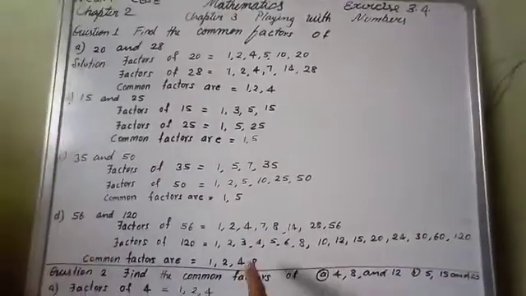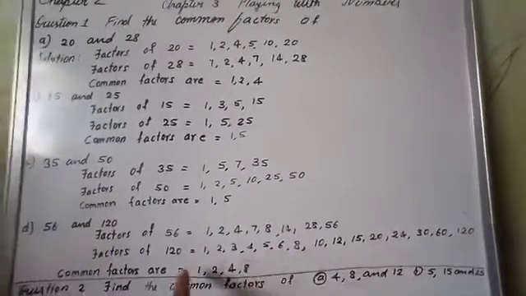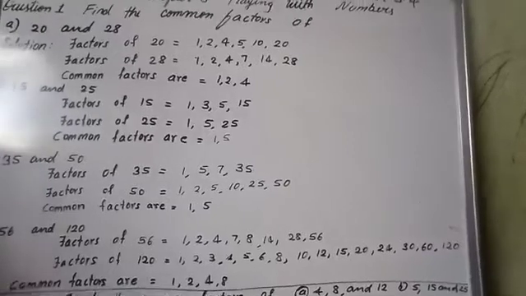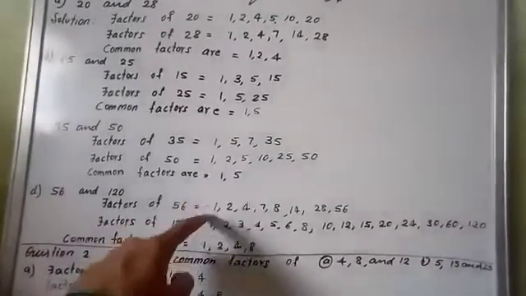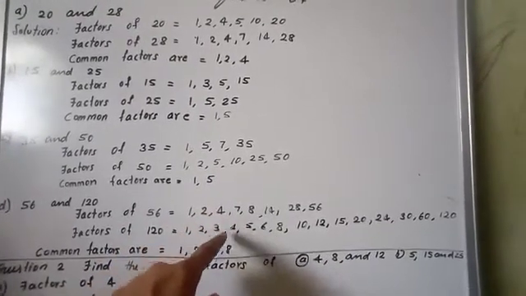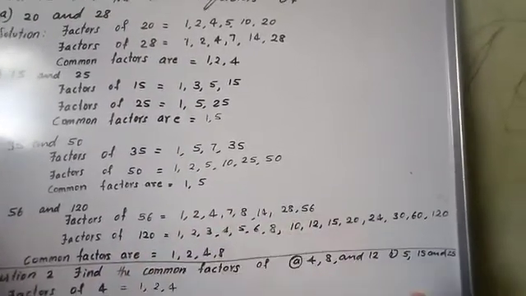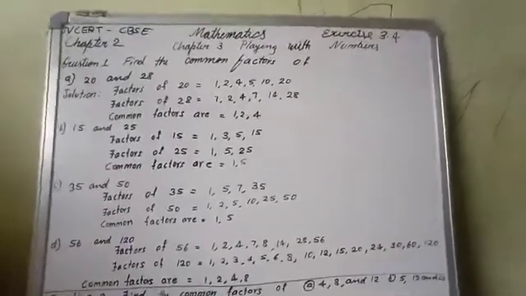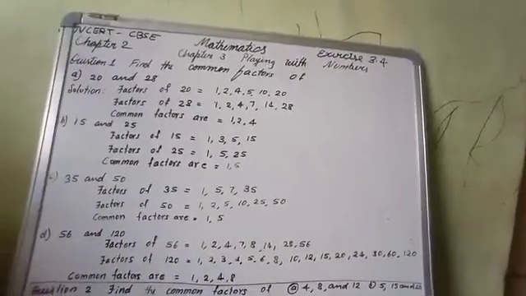In this way, we have to make a list of all the factors of 120. After that, we have to find the common ones: 1, 2, 4 and 8. Then the remaining are not common. In this way, we are going to find the common factors.